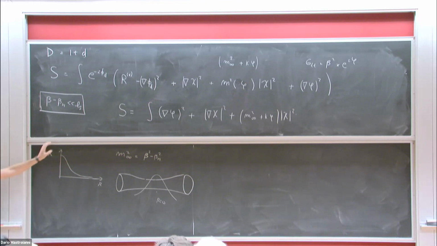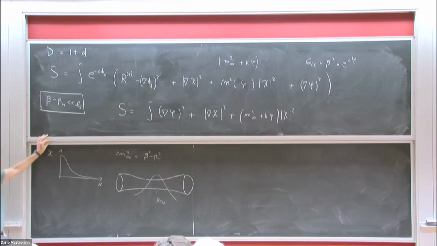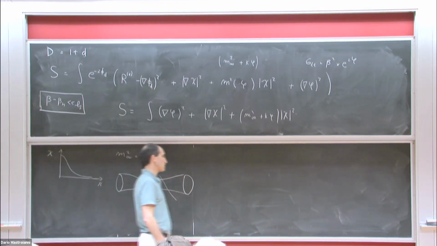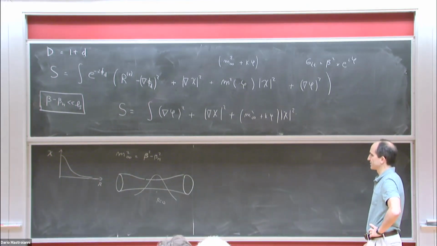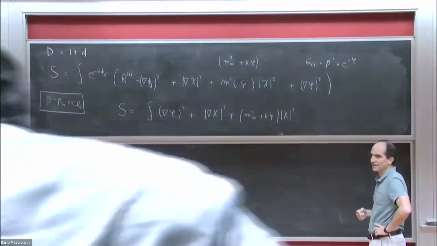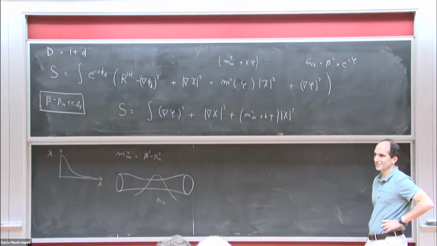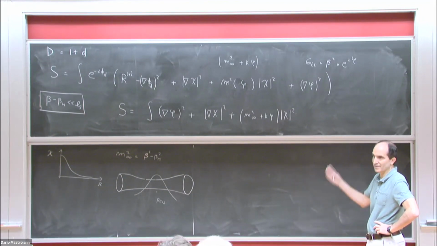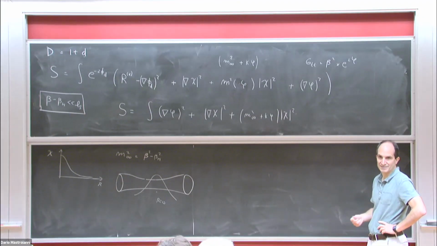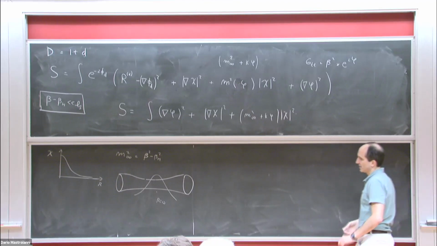Now there is one interpretation of this solution which is similar to the interpretation that Edward gave of the black hole as a decay mode. So you could think that here I was talking as if the circle is a thermal circle, but you could think it's a spatial circle with antiperiodic boundary conditions.